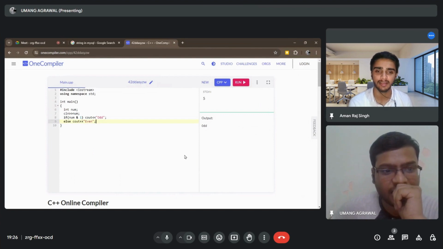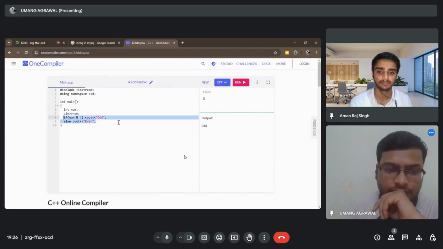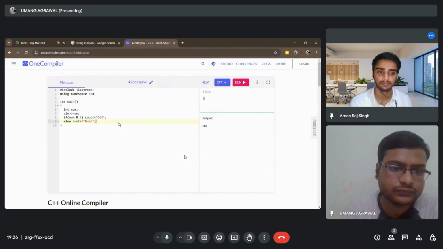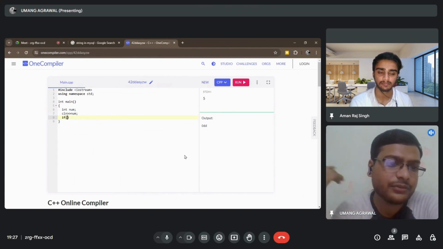But these two approaches I expect you to not use. Just simple math you can use. Can I use divide by two?